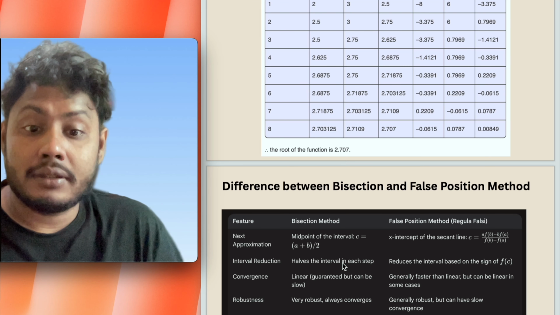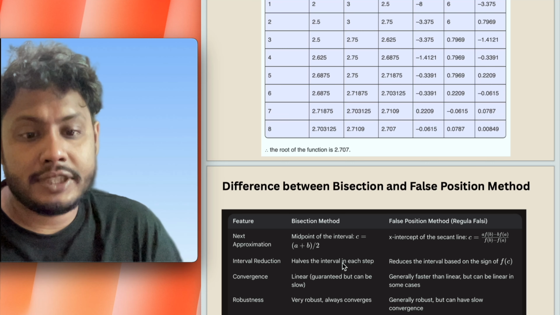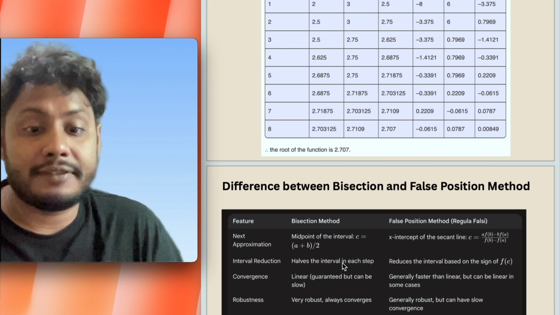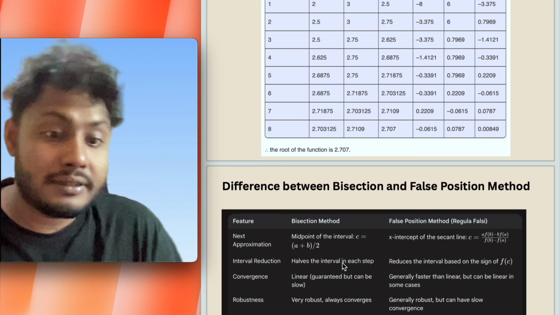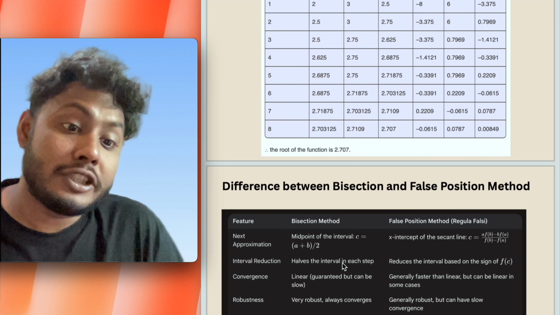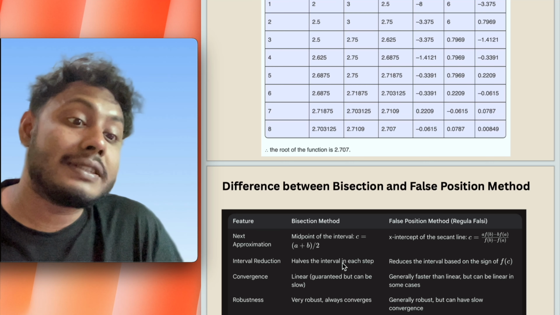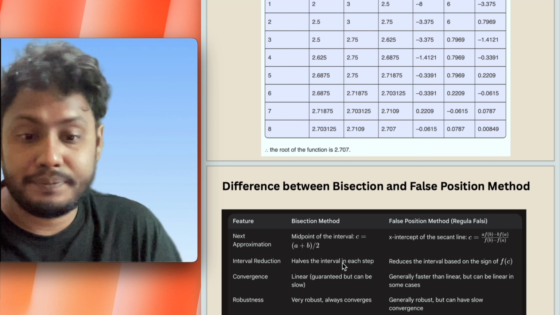Second, interval reduction. In the bisection method, the interval is halved at each step. On the other hand, the false position method reduces the interval based on the sign of f of c.